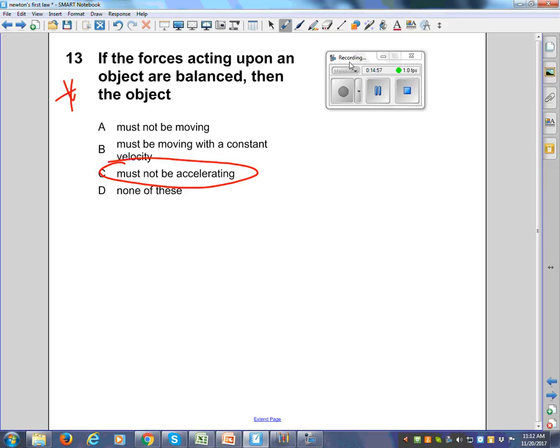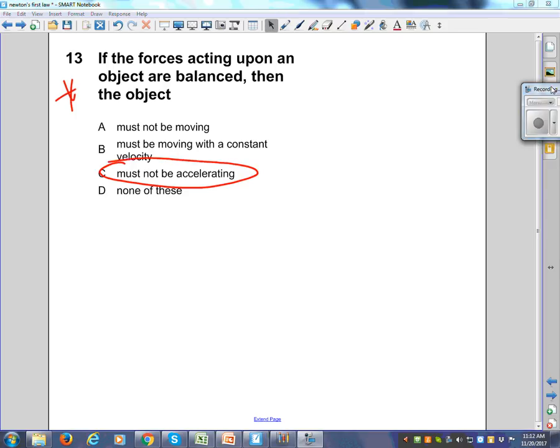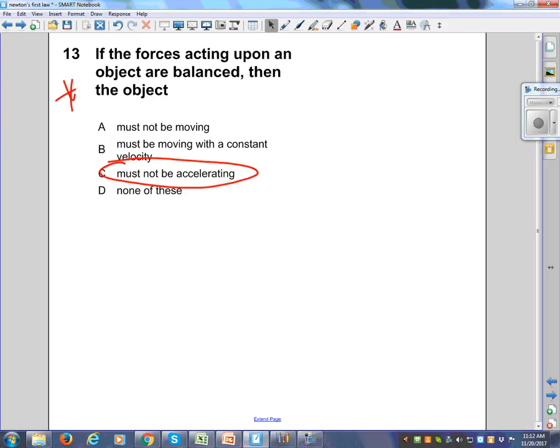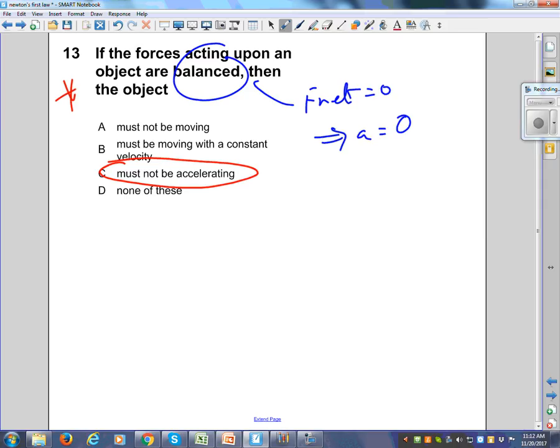Because balanced forces means F net is 0, and if F net is 0, then that means that acceleration is 0. The net force is 0, the object must not be accelerating. It's either at rest or it's moving at a constant speed.